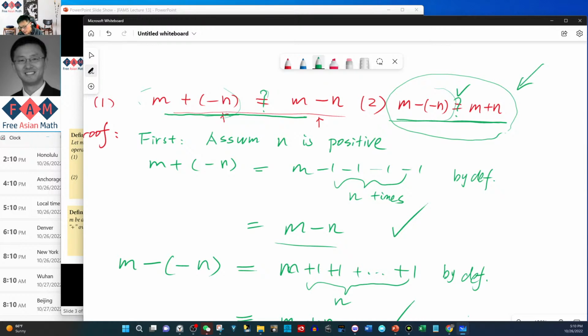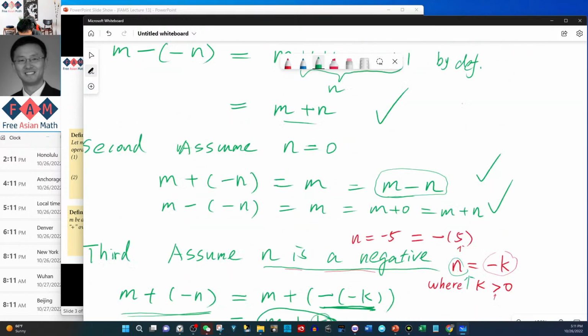This is the second part of the theorem, when n is a positive integer. And we know subtracting the negation of a positive integer equals m plus that positive integer.